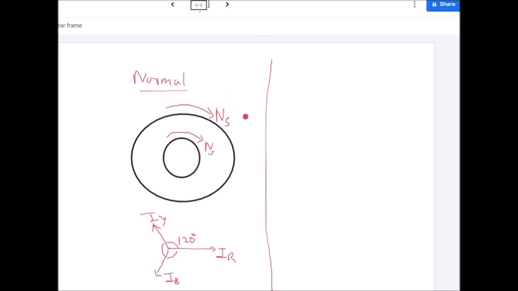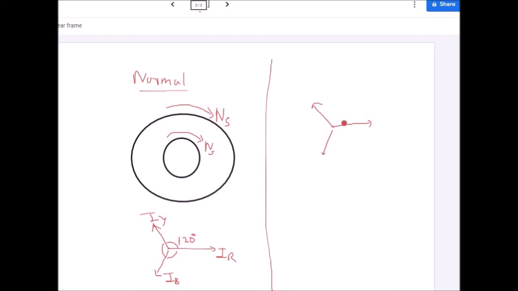So, when any unbalancing occurs on the stator side, that unbalancing causes unbalanced current to flow into the stator winding. Unbalanced currents means the currents are not exactly displaced by 120 degrees. Such unbalanced current is resolved into three components: positive sequence component of current, negative sequence component of current, and zero sequence component of current.